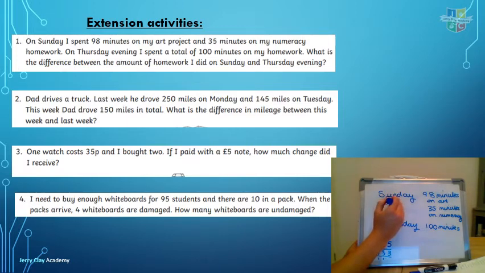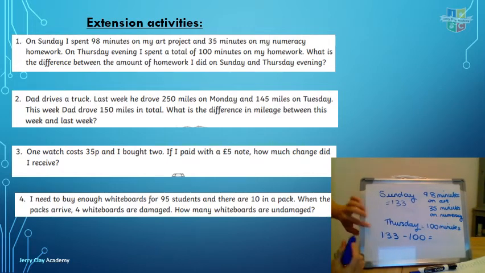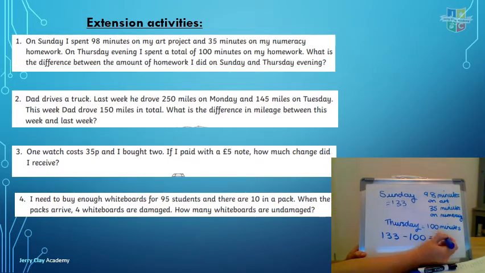So that's my total amount on Sunday. My total amount on Thursday was 100. I want to find the difference, it's my second part, so I'm going to do 133 take away 100, which really we shouldn't even need to work out because I'm just taking off 100, so I would have 33 minutes as the difference. So you will have to have said 33 minutes was the answer.